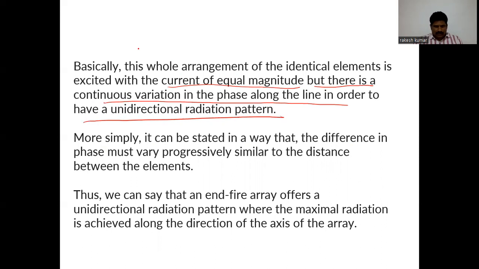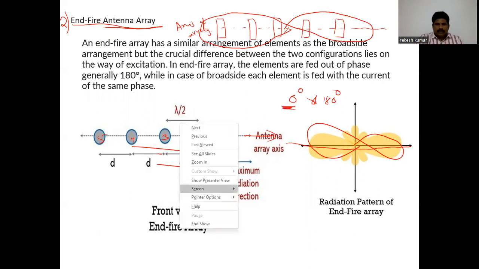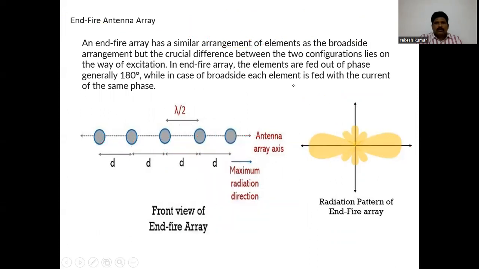So what is the major difference between that one and this one? In the end fire array, everything has a similar arrangement to the broadside.